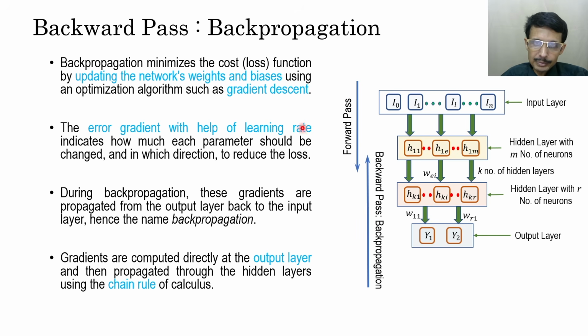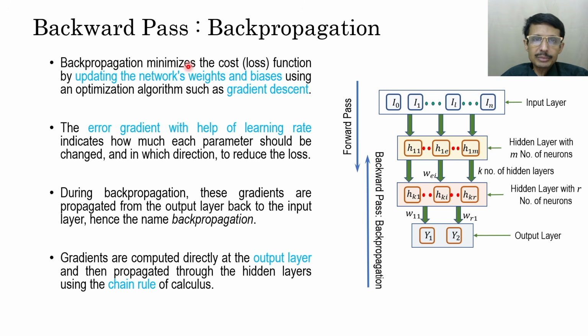This output is the predicted output, and we get a target output in supervised mode, and we can get the loss. Now in the backward pass, the backpropagation algorithm essentially minimizes this loss, the basic difference between the actual output, that means the intended output, and the predicted output.